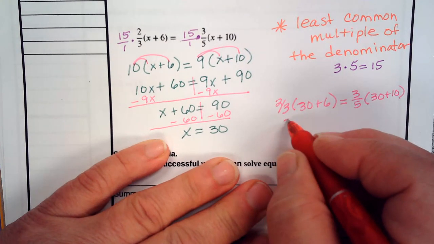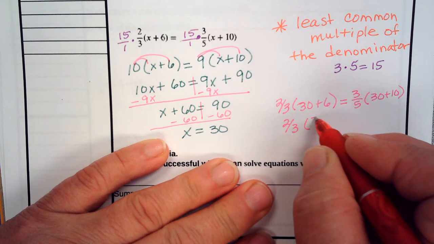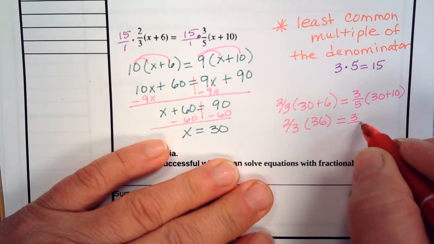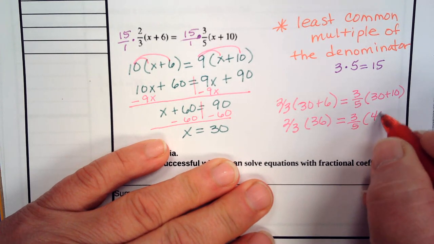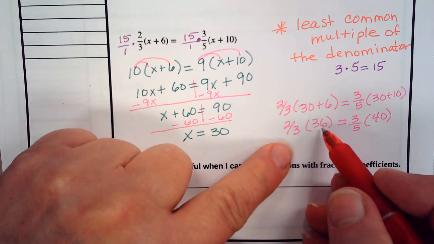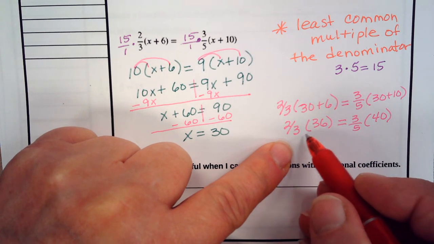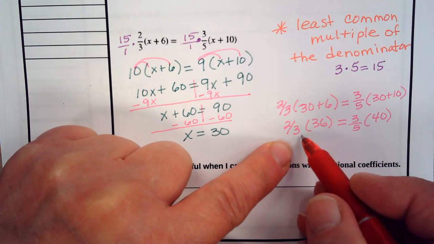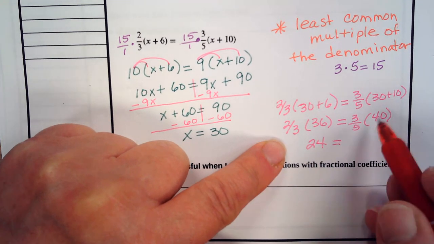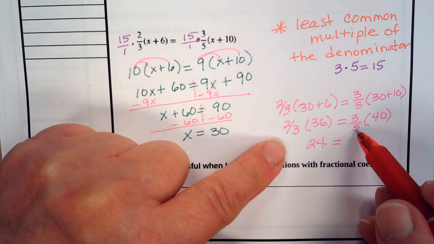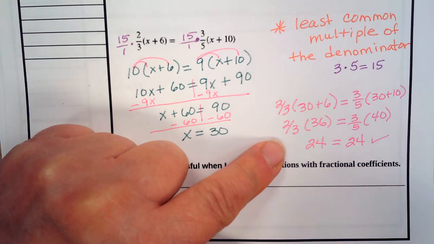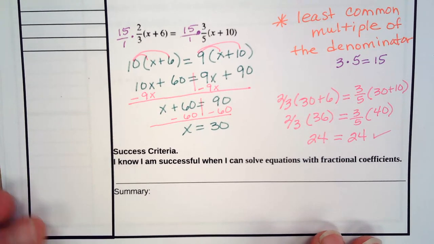Okay, 2 over 3 times 36. Is that equal to 3 over 5 times 40? Is 36 divisible by 3? Yes. 36 divided by 3 is 12. 12 times 2 is 24. Is that equal to... okay, 40 divided by 5 is 8, times 3 is 24. 24 is equal to 24. I've checked and I have the correct answer.